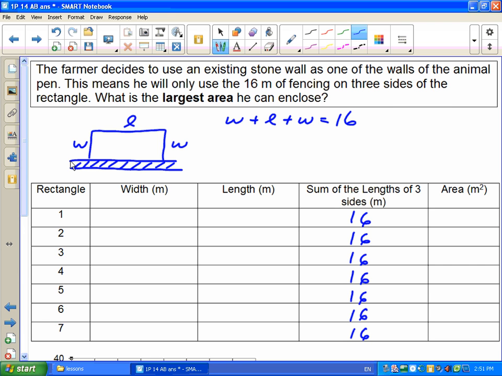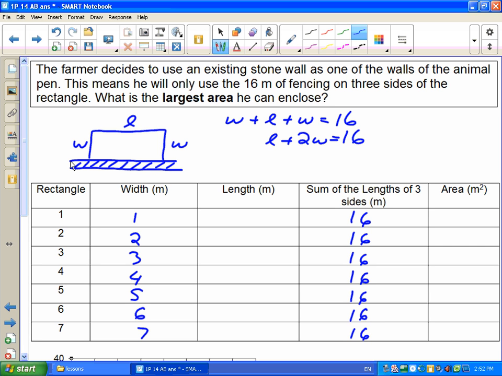And we can do the same thing that we did in the first example. We can choose different values of widths, 1, 2, 3, 4, 5, 6, 7, and figure out what the length has to be. But this time, the length isn't going to change by 1 every time. Because if we add these two w's together, we get length plus 2w equals 16.